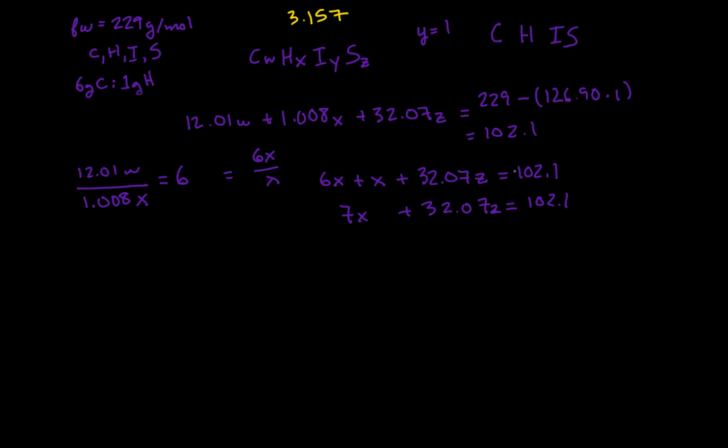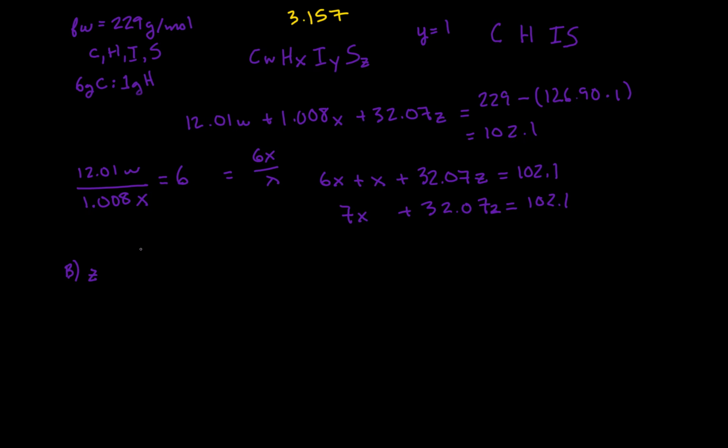That's quite a bit easier, so we're going to do exactly that. We need to find Z such that 102.1 minus 32.07Z equals some multiple of 7. We're going to do this by guess and check. Here's our first one. We're going to assume that Z is equal to 1.